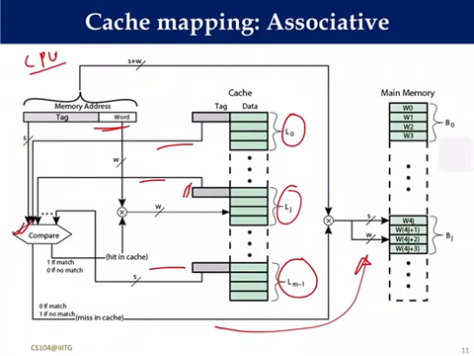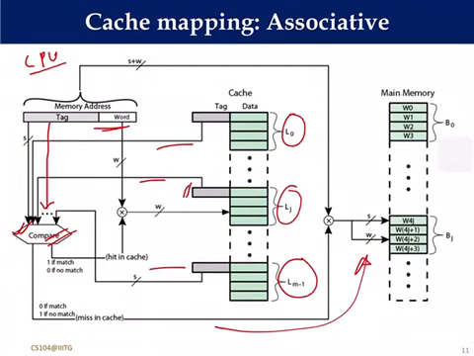Now how do you know whether it is there or not? Well, the tag bits of the requested address will be compared with all the tag bits. If that matches, it's fine. If that doesn't match, there is a miss. So it is expensive. Why expensive? Because of the comparison logic.